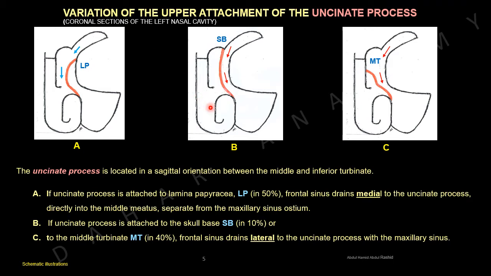But in B and C, the uncinate process coming from the inferior turbinate goes up and attaches to the skull base, or goes up and attaches to the middle turbinate. Then drainage from the frontal sinus, in this 10%, will come down lateral to the uncinate process. Here also it comes down in 40% lateral to the uncinate process, together with drainage from the maxillary sinuses.